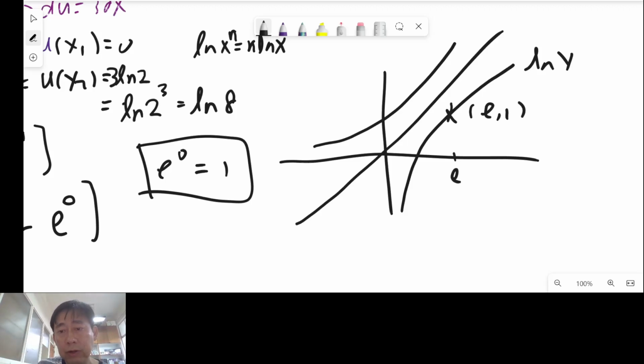If you translate this point onto the exponential function curve, then this is the point e^1. Sorry, I think I have drawn the wrong point. I'm sorry about that, so I have to draw this again. The value of e^0 could be understood not from the point x equals e, but from the point here.